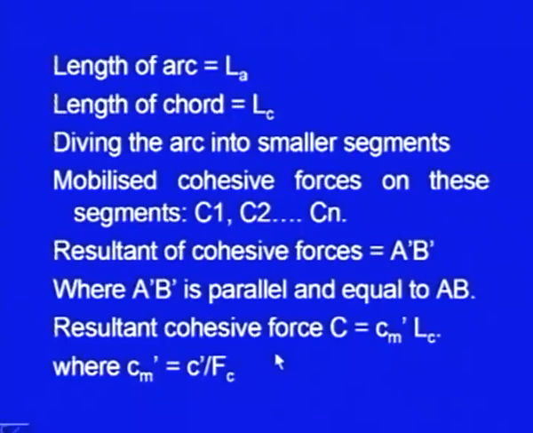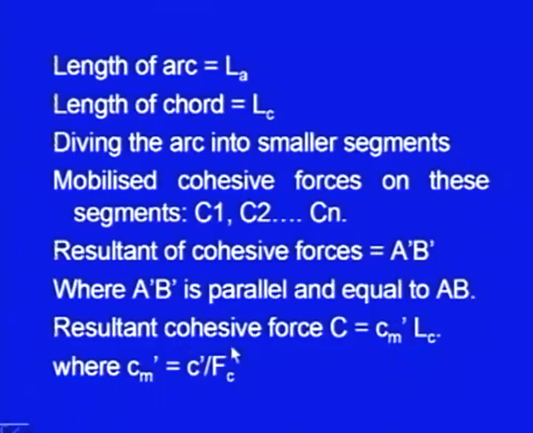The resultant of all these cohesive forces, C, will be equal to Cm dash, the mobilized cohesion in effective terms, into length of chord, because its magnitude is available with us.